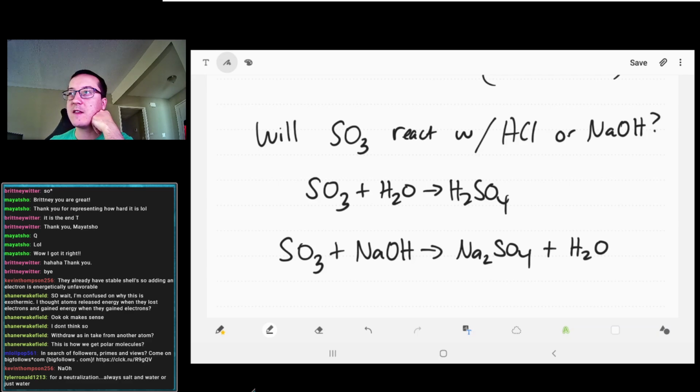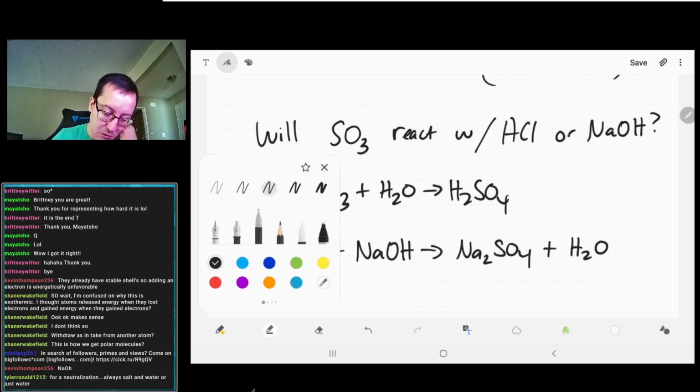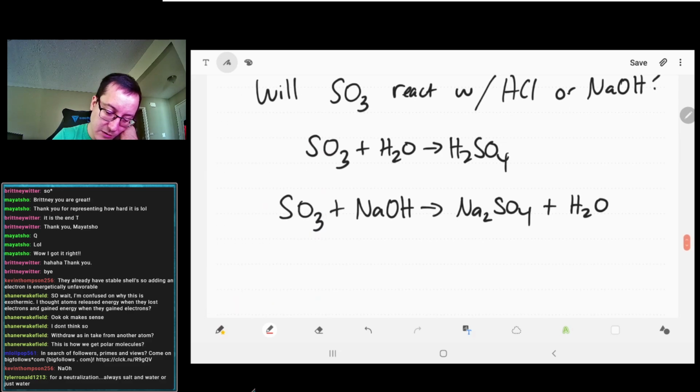So we're predicting this one to be an acid, right? So sulfur trioxide would be an acid. Let's just see what would happen if we tried to react it with HCl.